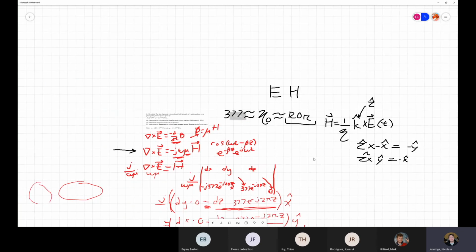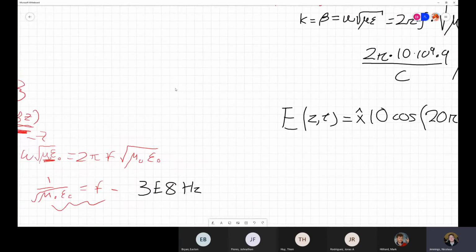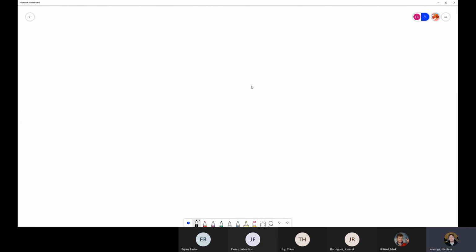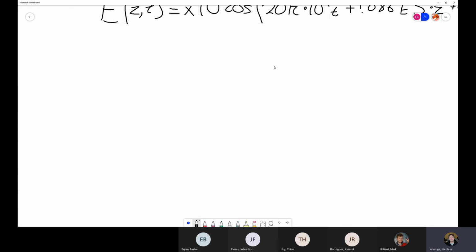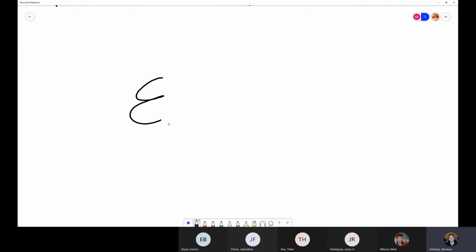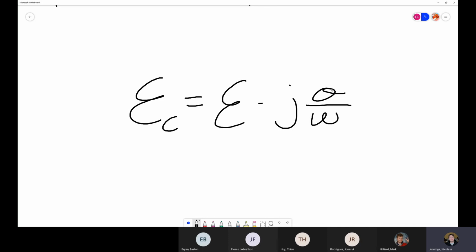But say he gives you a lossy medium. Then you have to consider the complex permittivity. So epsilon c, which is the complex one, is your epsilon, whatever you're given, minus j sigma over omega. Sigma is the conductivity of the medium.